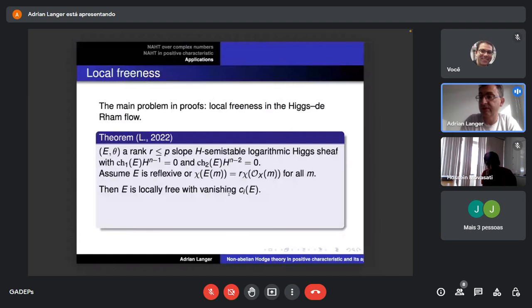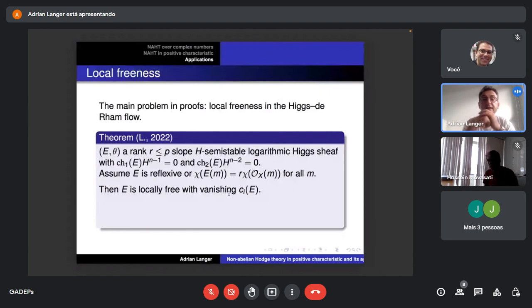This theorem in the characteristic 0 non-logarithmic case was known by Simpson over complex numbers, but he used the functoriality of Simpson's correspondence and a Lefschetz-type theorem, and nothing like that can work in positive characteristic. On the other hand, when you have this result, you also get the same result in characteristic 0.